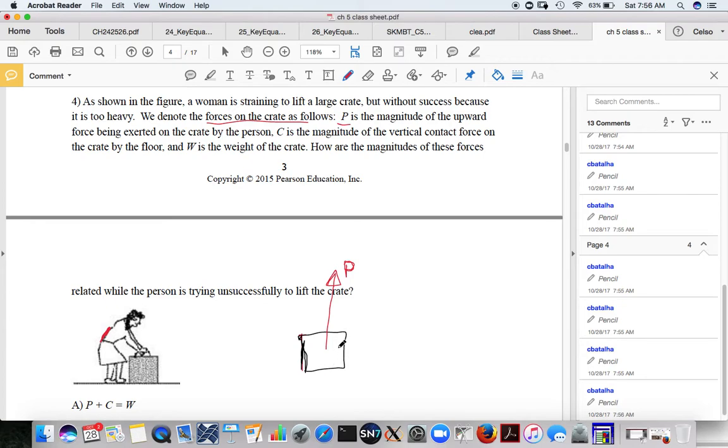So you also have a normal force here, right? That's the normal force, floor on crate. This "on" is very important because when we do a free body diagram on something, you have to identify the forces that the universe does on that thing. Okay? And W is the weight of the crate.